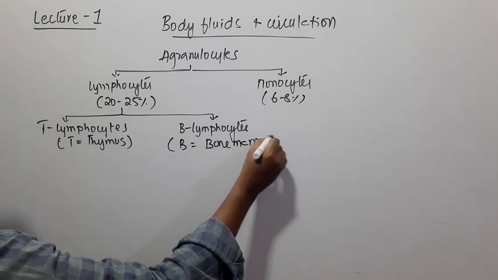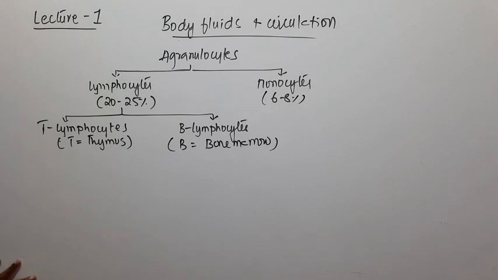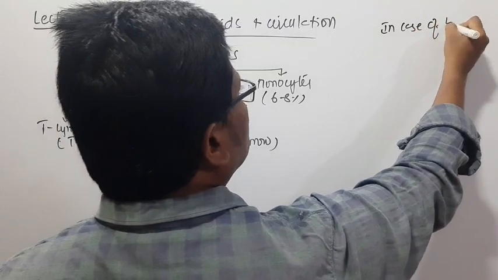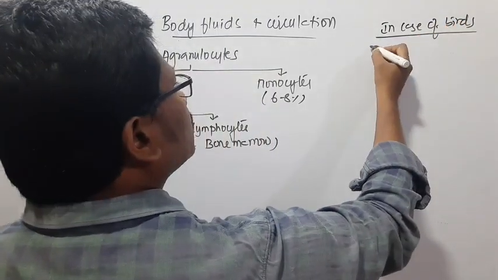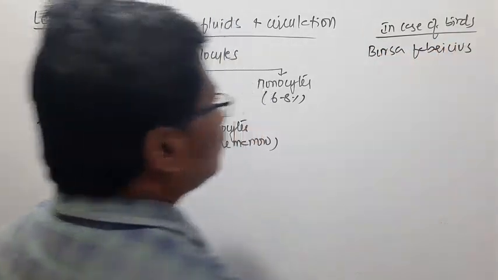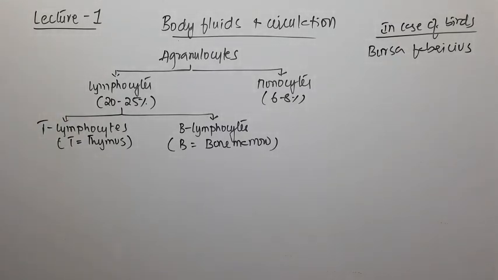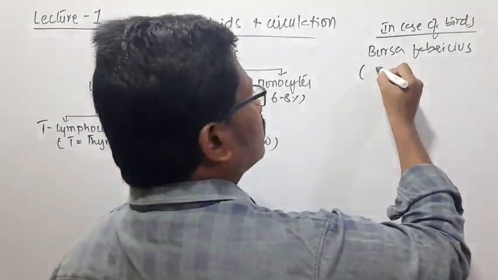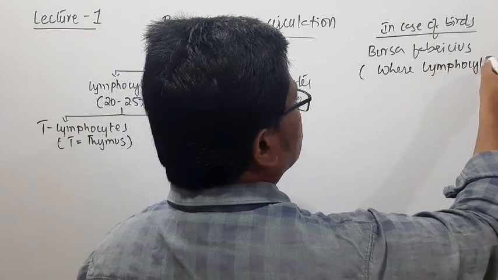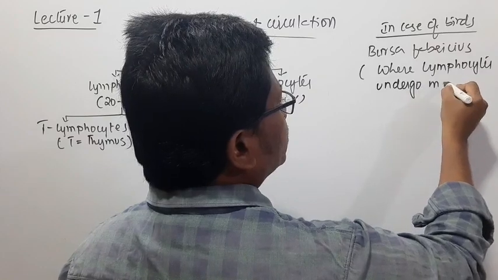bone marrow. Of course, in case of birds, they have the bursa of Fabricius, which is the place where the lymphocytes undergo maturation.